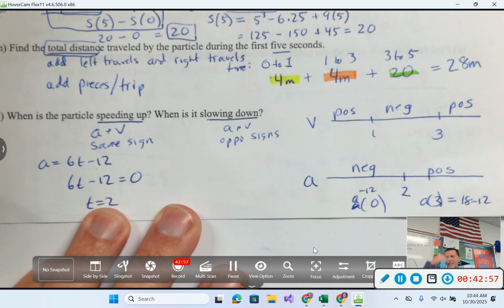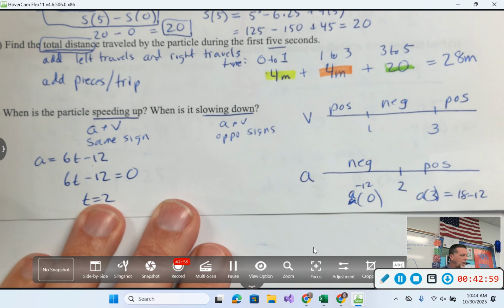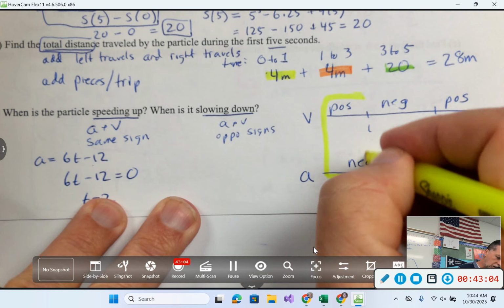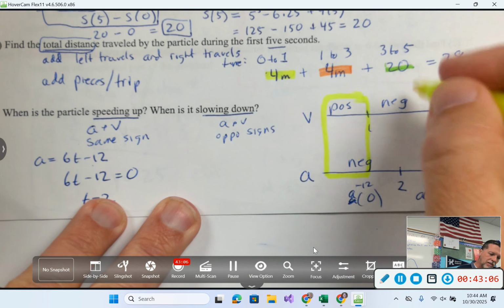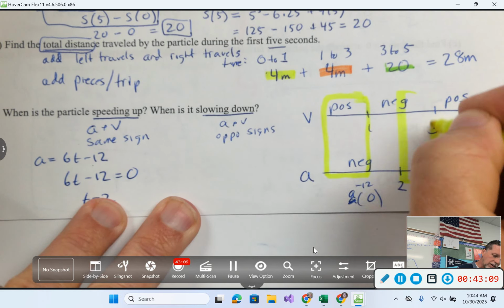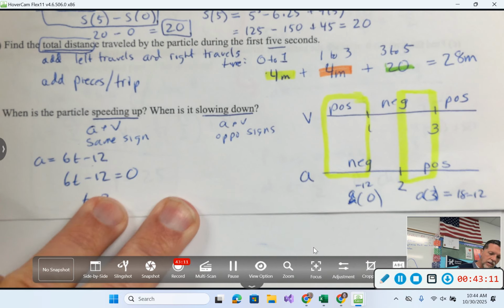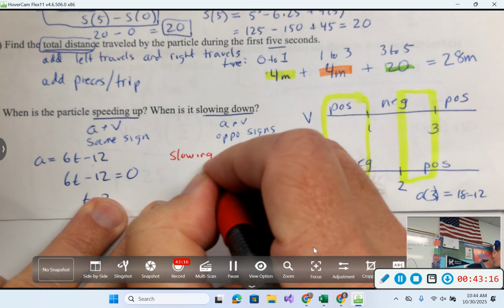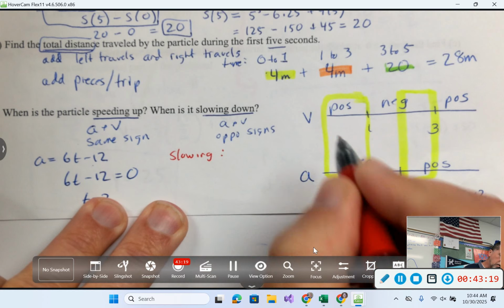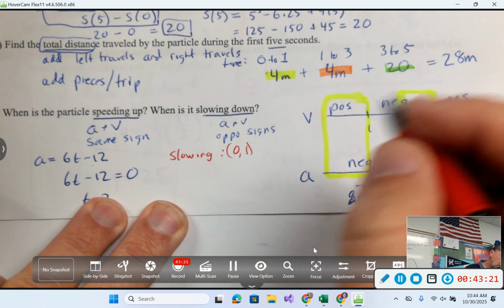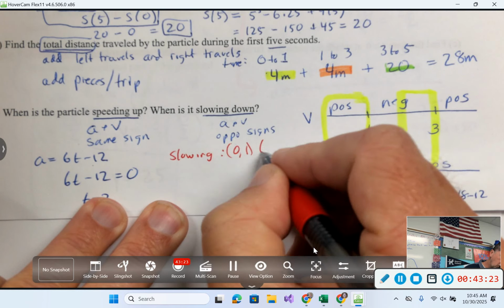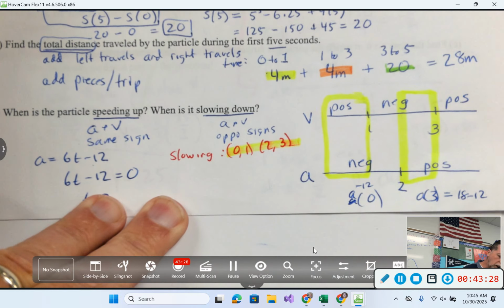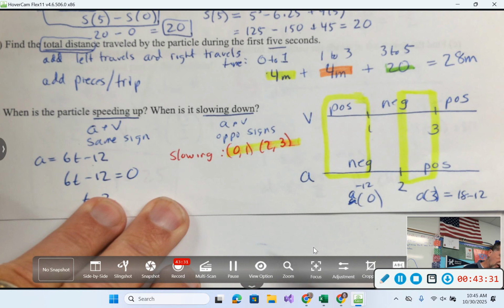And I like my stacked number lines because then it's just really easy to see where their signs are different. So positive, negative. There's negative, positive. So it's slowing down from 0 to 1 and 2 to 3. Because A and V have different signs.